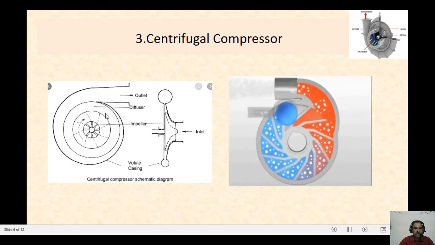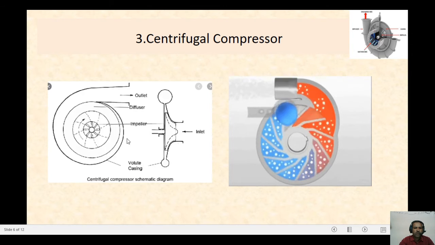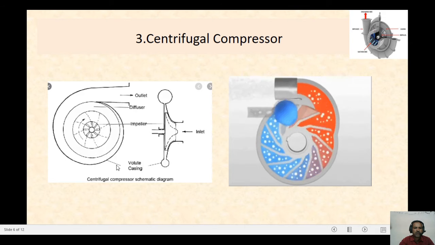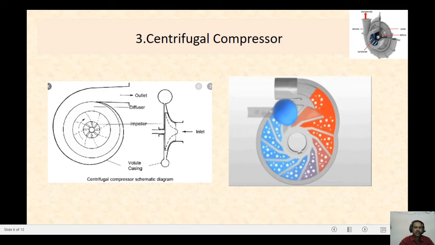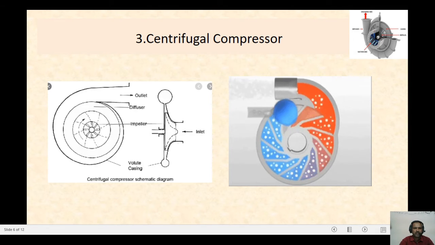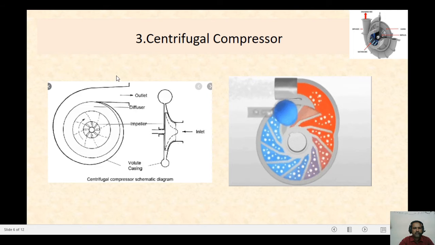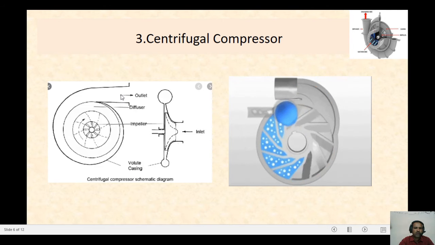One is the impeller, which is what you are seeing here, and this is a diffuser, and the outside line you are seeing is called the volute casing, a casing designed like a volute. And this portion is the discharge portion. The air will be sucked in here, and the air will be discharged through this outlet.